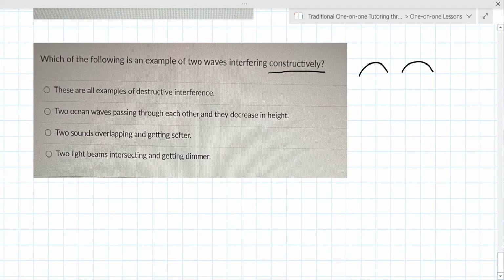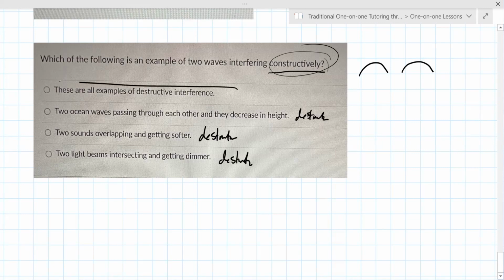Two ocean waves passing through each other but decreasing in height, that's not constructive. That would be destructive. Two sound waves overlapping and getting softer, if they got louder, that would be constructive, so that's destructive. Two beams getting dimmer is destructive. We're looking for something that adds together. So again, these are all examples of destructive interference.